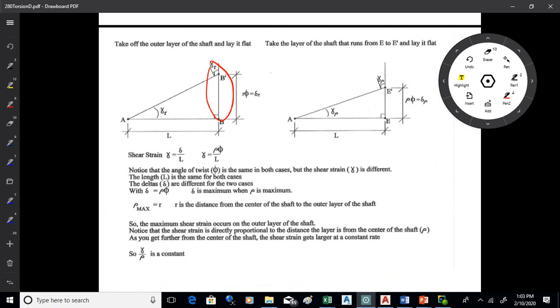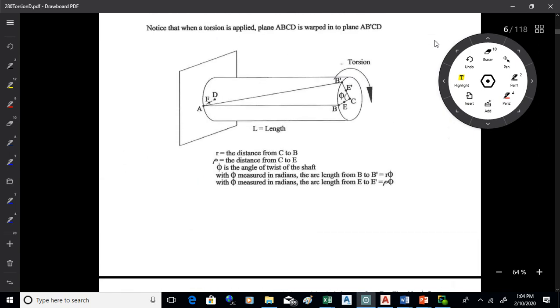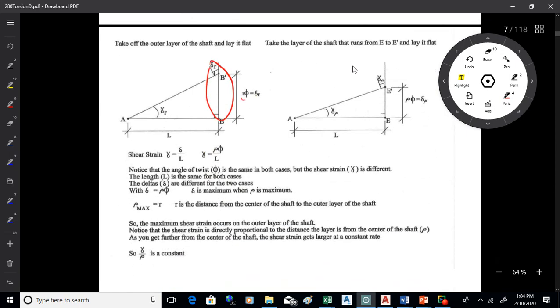That arc distance would be r, the radius, times whatever the twist angle is on the shaft, because when you apply this torsion, you're going to twist this line a certain angle. We call it phi. That's the twist angle. So if the twist angle is in radians, either r for the outer radius or rho for a radius to some point in the middle that I'm calling e, times phi will get you that distance.